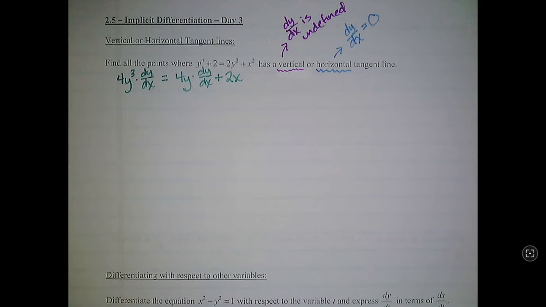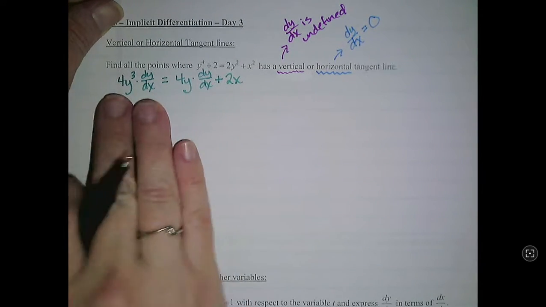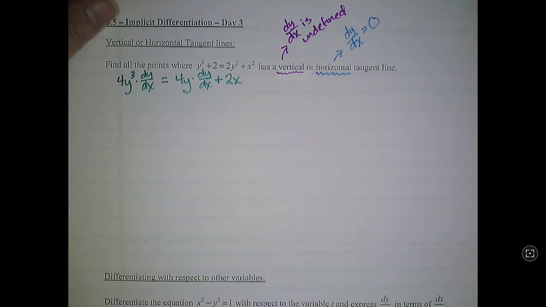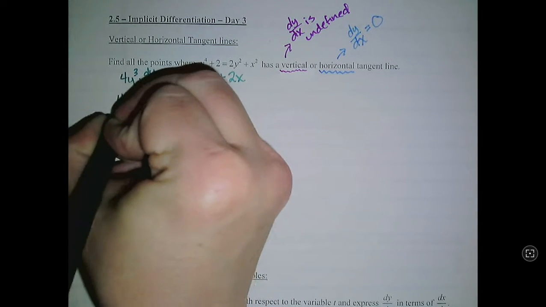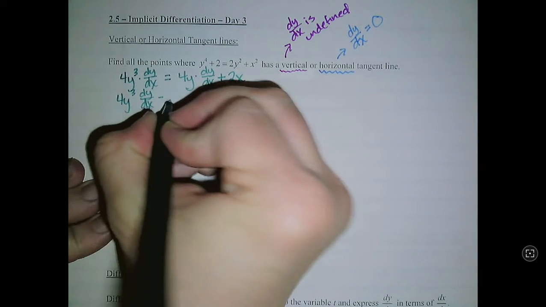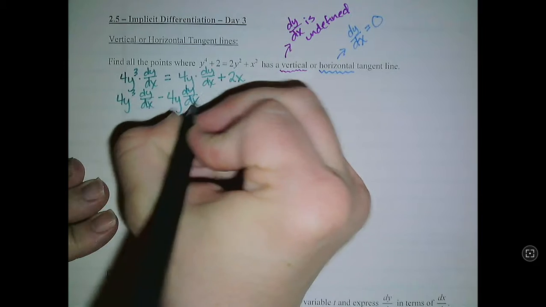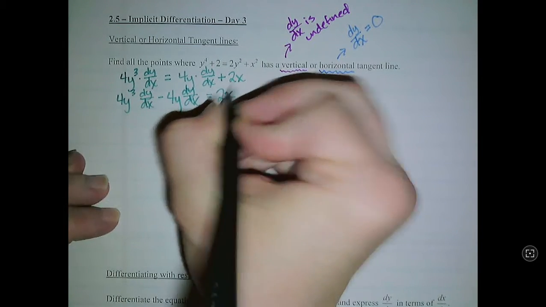So now to solve for dy/dx, we're going to move this 4y dy/dx over to this side so that we have all of our dy/dx's on the same side. If I subtract 4y dy/dx from both sides, then I'm going to have 4y cubed dy/dx minus 4y dy/dx is equal to 2x.